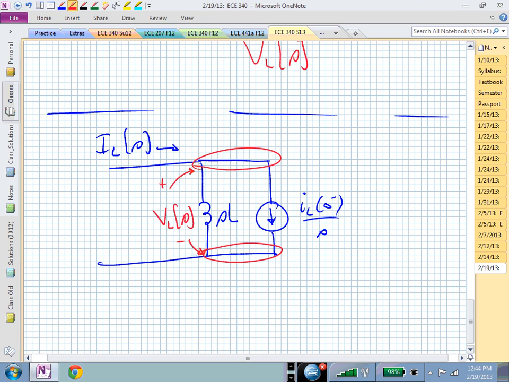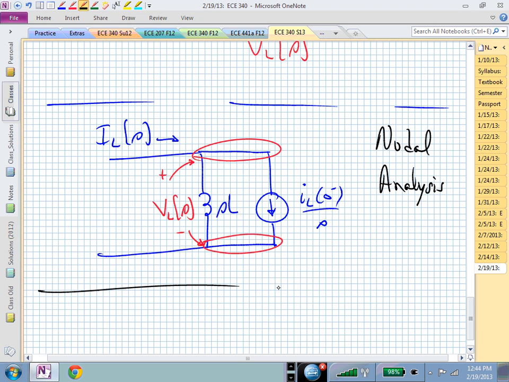And now if we wanted to do nodal analysis, we could simply replace that inductor with this parallel combination of impedance SL and the source piece due to the initial condition. And this is what you would then use for nodal analysis.